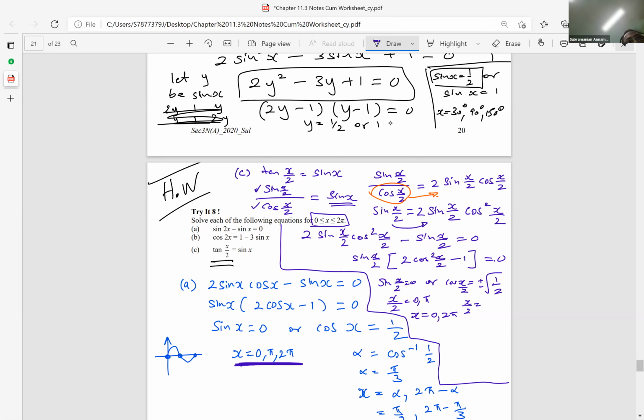The first quadrant value is pi over 4. And pi minus pi over 4 is 3 pi over 4. So x is equal to pi over 2 and 3 pi over 2. So the final answer: 0, pi over 2, 3 pi over 2, followed by 2 pi.